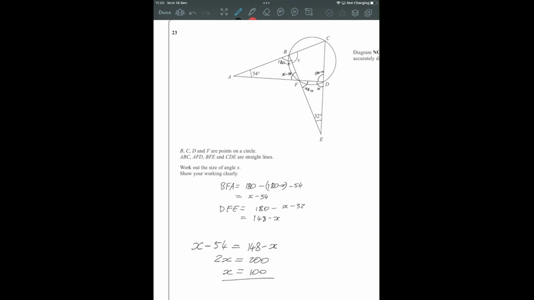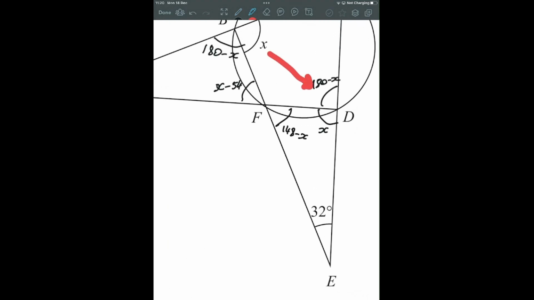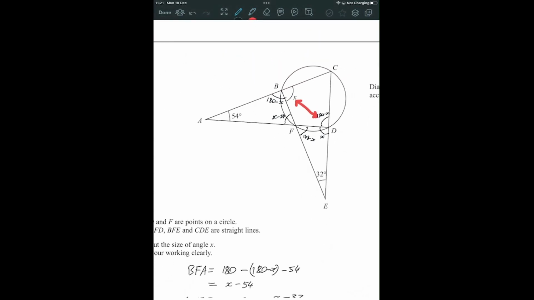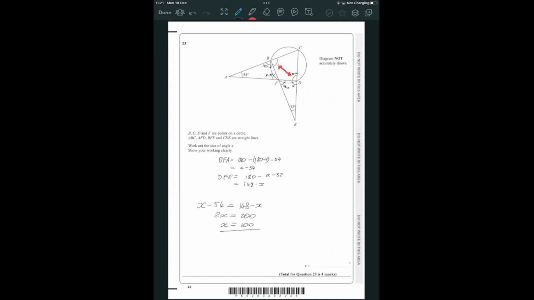I'll be quite intrigued if there's an alternate solution which uses some actual circle theorems. Oh, there's the circle theorem I used, sorry, it was the cyclic quadrilateral right at the start. It's the fact that these two are 180 minus each other, that's where the circle came in. So I'm a little happier now. But of course, if there are alternate solutions which use the circleness more explicitly, I'll be really intrigued to hear.